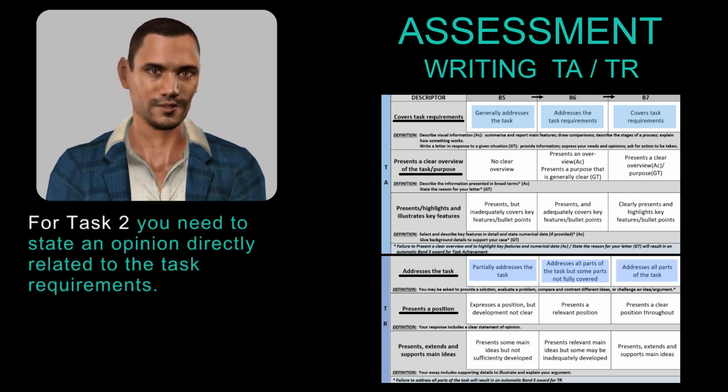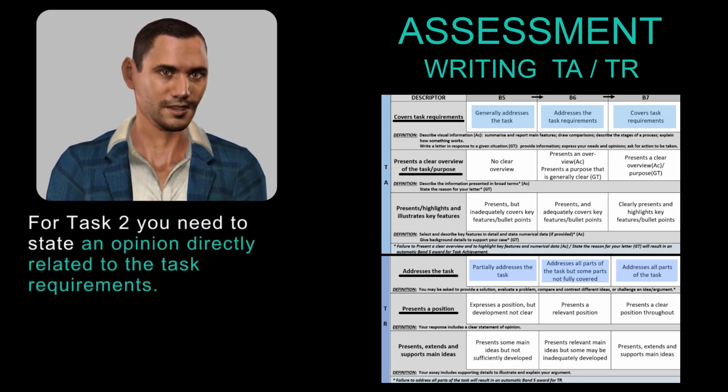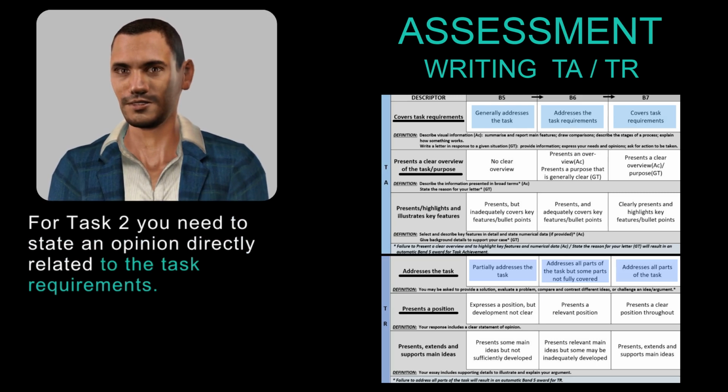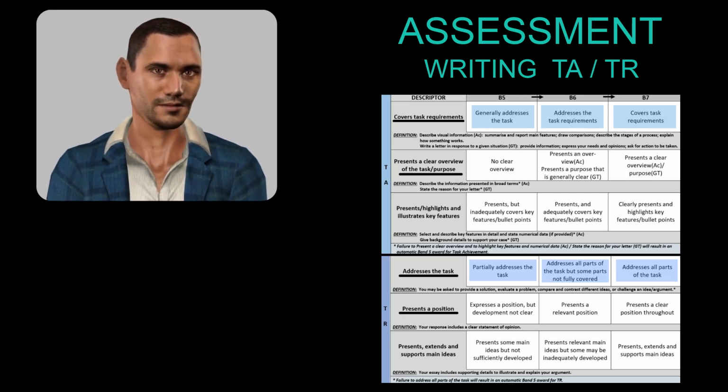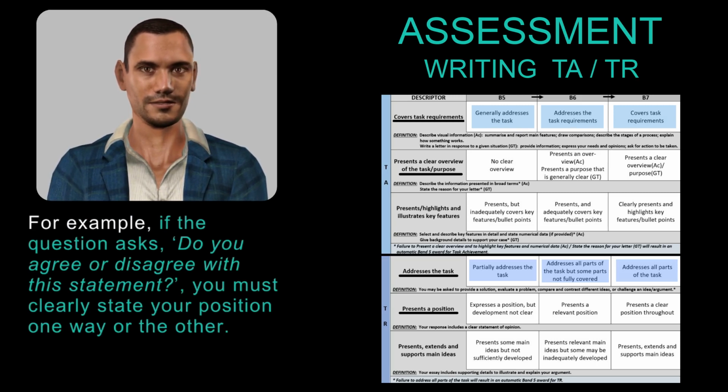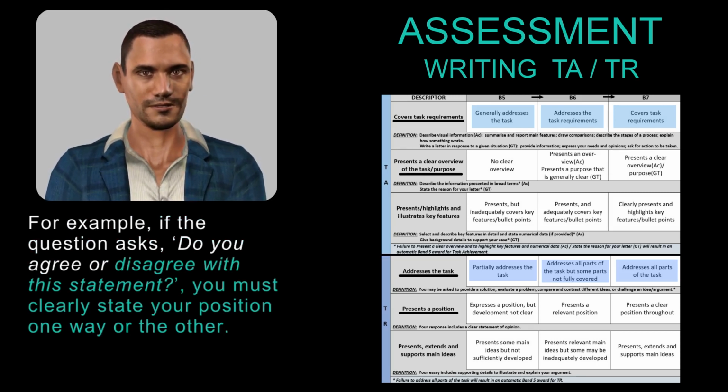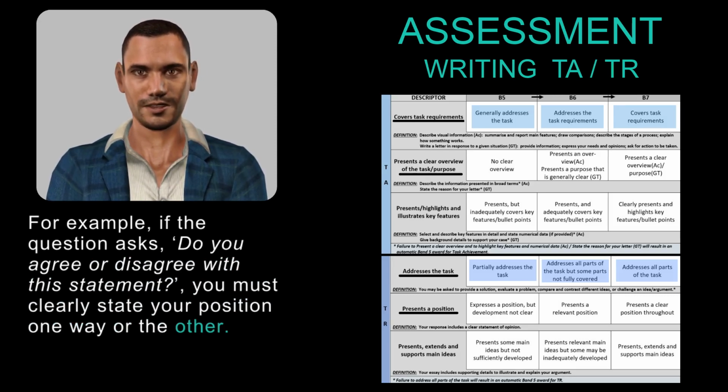For task 2, you need to state an opinion directly related to the task requirements. For example, if the question asks, "Do you agree or disagree with this statement?" you must clearly state your position, one way or the other.